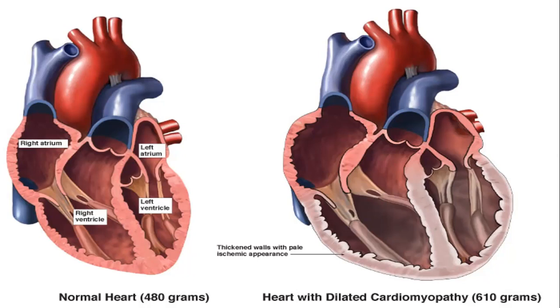Now we will discuss familial cardiomyopathic hypertrophy, which occurs in approximately 0.2% of general population, but is a leading cause of sudden death in an otherwise healthy adult.